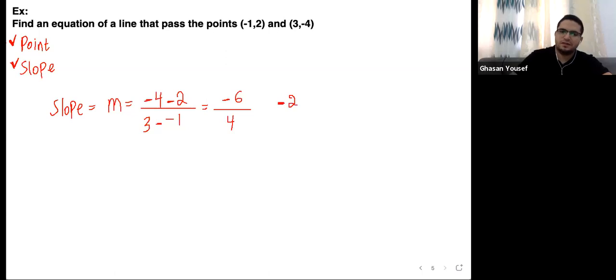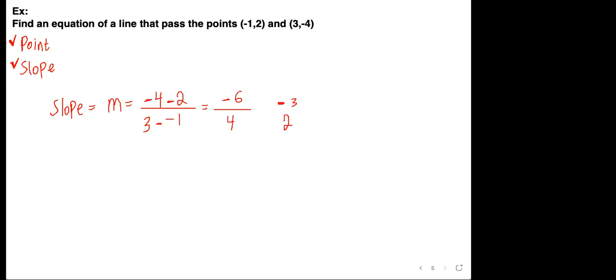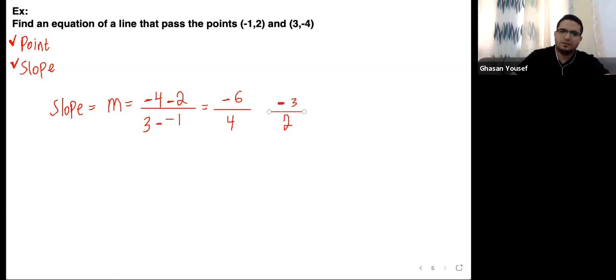So the slope is -3 over 2. This is the first thing. We found the slope. The slope is done.